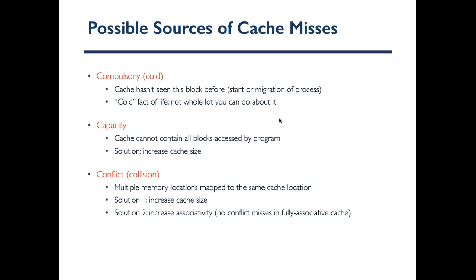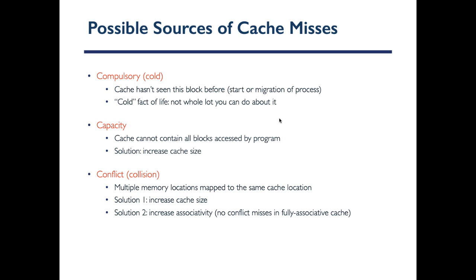Then we have the conflict misses. The best example is a direct map cache, where a bunch of memory blocks are exactly mapped to the same cache block.